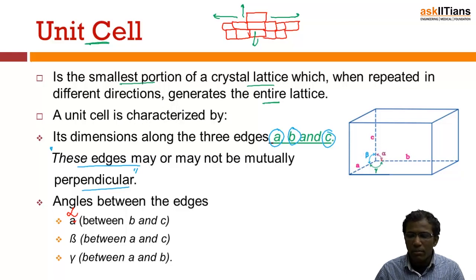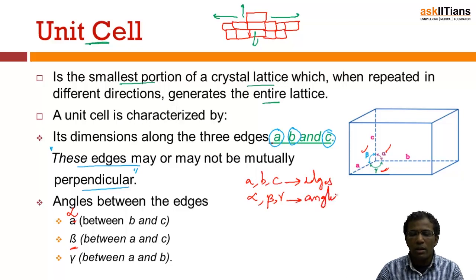Alpha is the angle between edges B and C, beta is the angle between A and C, and gamma is the angle between A and B. So we have three edges and three angles, totally 6 parameters, and these 6 parameters will characterize our unit cell. A, B, C are the edges, and alpha, beta, gamma are the angles between the edges. So a unit cell is characterized by these 6 parameters.